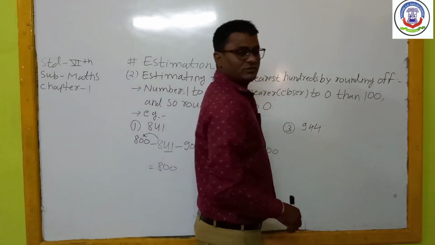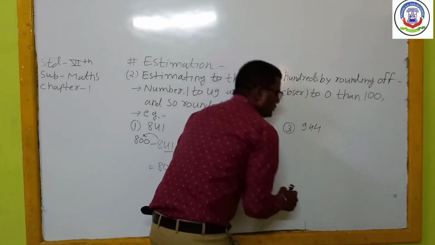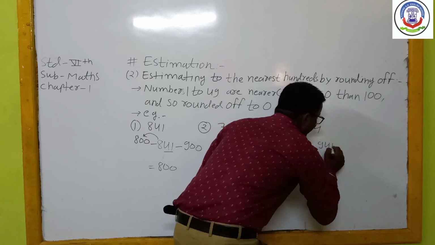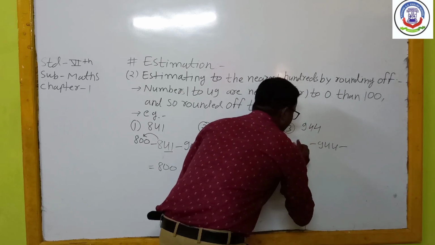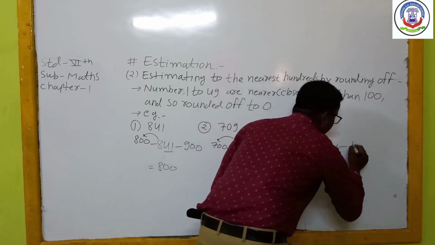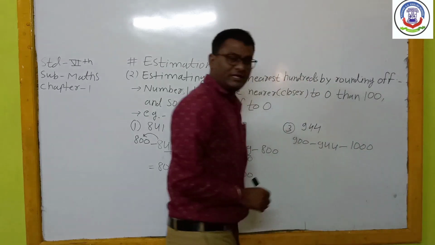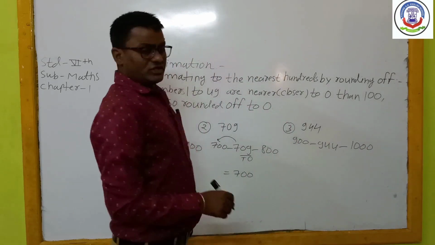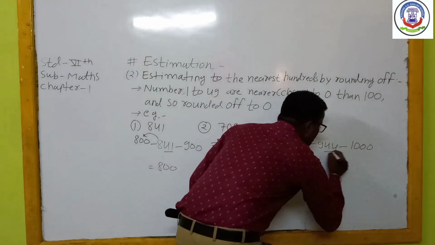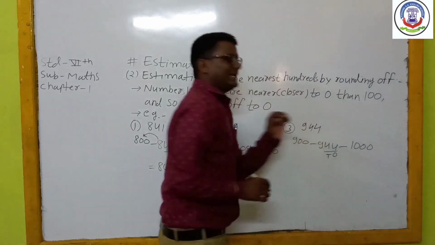In example 3, you know 944 lies between 900 and 1000. Okay students, now observe these two digits at ones and tens place.